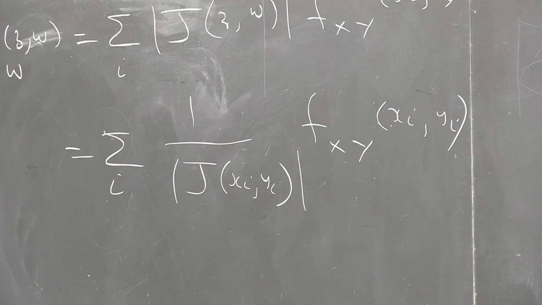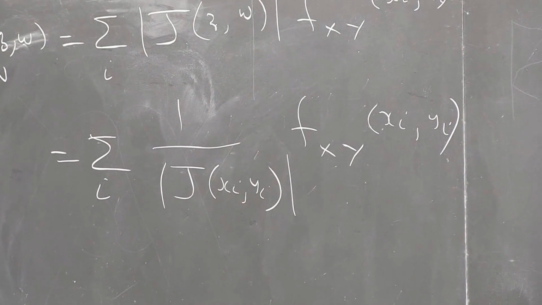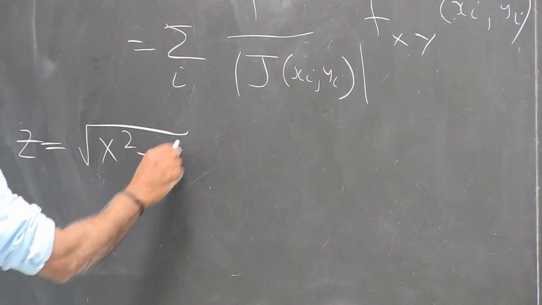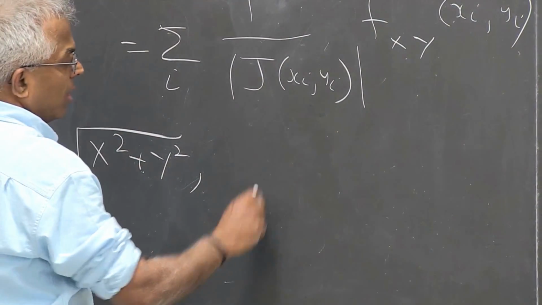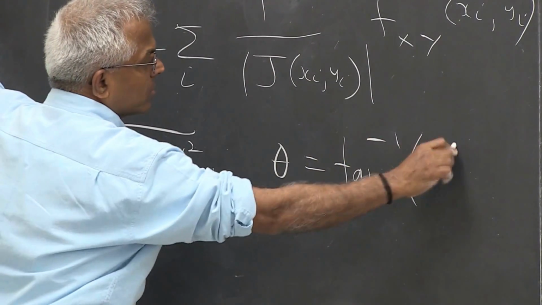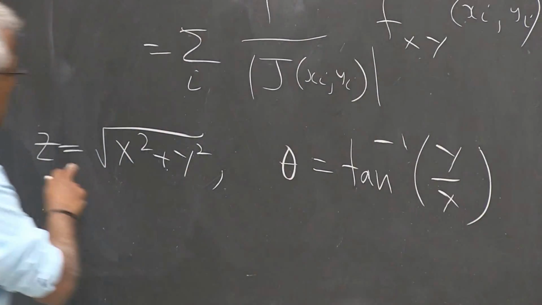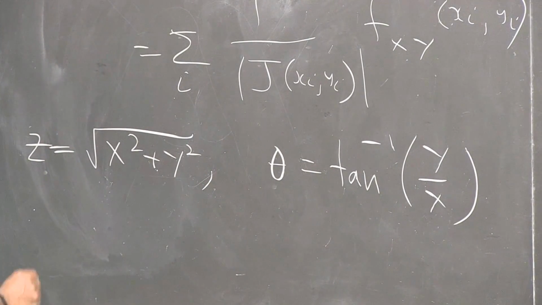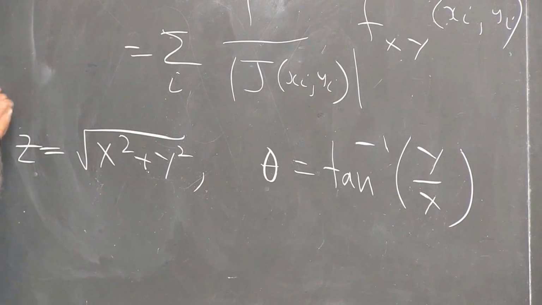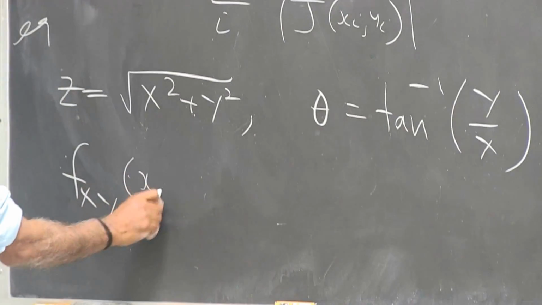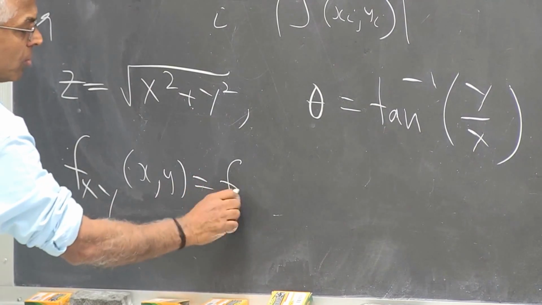Yes. So look at this. This is a classic problem. Z is x squared plus y squared, and theta is tan inverse y over x. So this is our z, this is our w, and x and y are, so this is an example, x and y are independent, so I am going to write it like this.